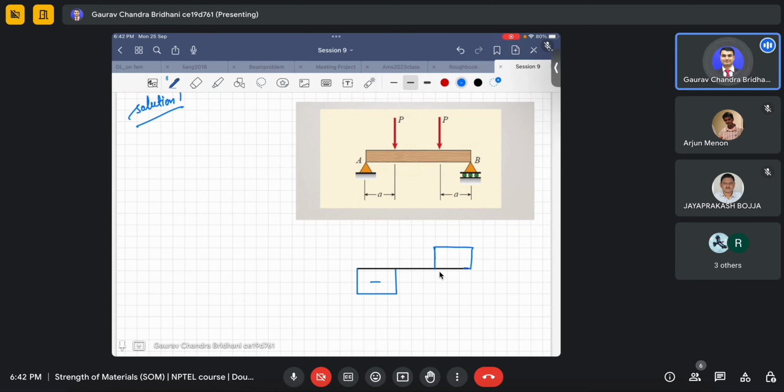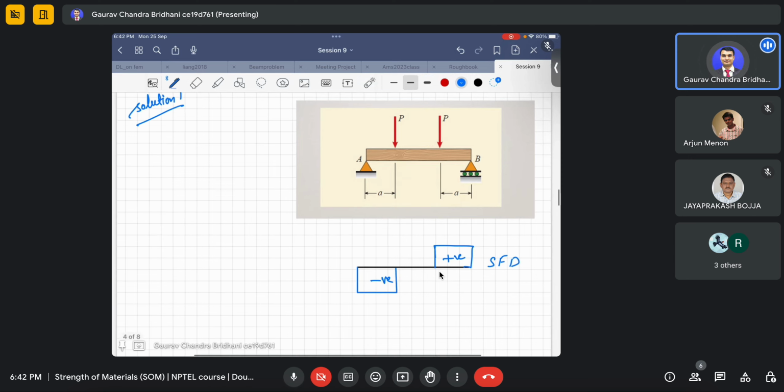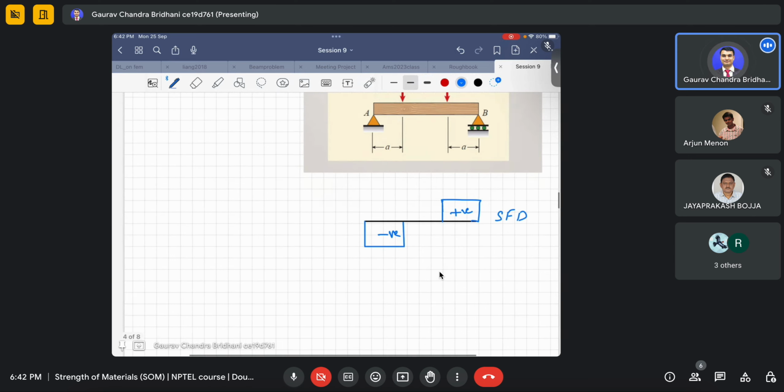So it will be negative here and positive here. In the region between these two loads, which is P, there will be no shear. You should know why there is no shear. Next I will draw the BMD, and I hope you will understand from there why there is no shear in this region.